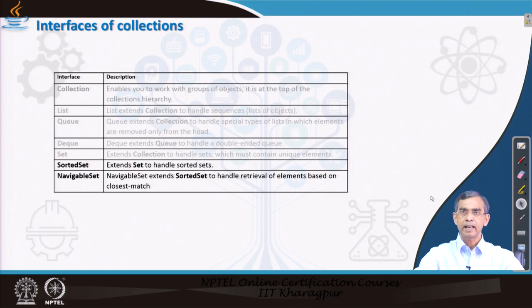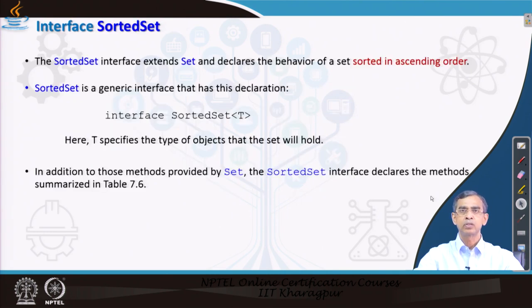Now, let us see the interface sorted set. Set is a collection where the elements are not necessarily arranged in an order. On the other hand, if it is a sorted set, then the elements are arranged in an order. So a set and a sorted set are basically the same; the only difference is that in the latter the elements are sorted in an order.